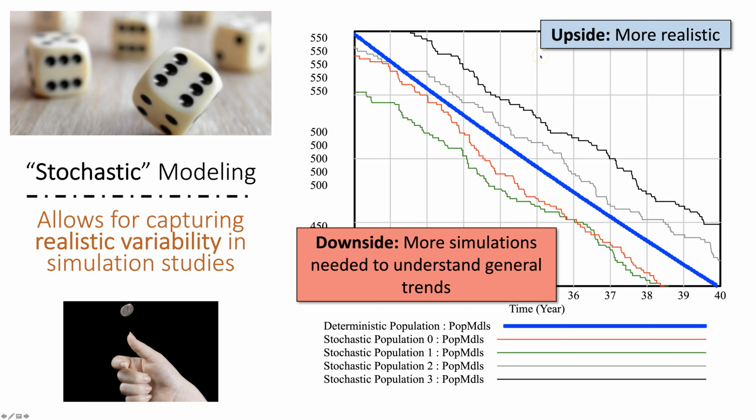And so there are pros and cons. We might get more generalizable insight from the blue line here from a deterministic model, but we lose the variability. As we go to the variability, we get more realism, but it ends up being more difficult to generalize and more difficult to actually run the simulation. So there are pros and cons.